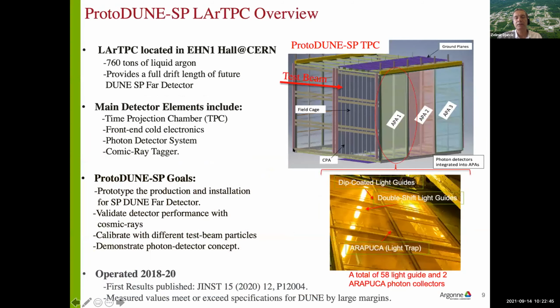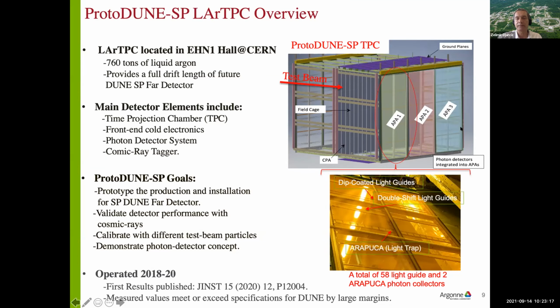So now I will switch a little bit. I will go to the large scale prototype for the first far detector. It's called ProtoDUNE. It has been constructed and operated at CERN. It's about 0.8 kiloton of liquid argon, provides a full 3.6 meter drift volume that's anticipated for the DUNE far detector, and has all major components of the future far detector that include time projection chambers.